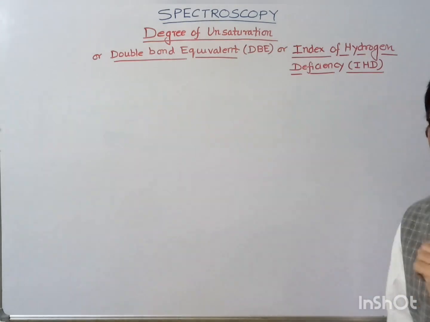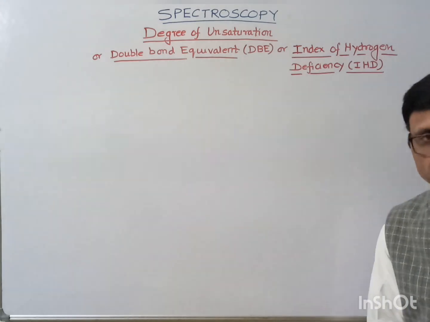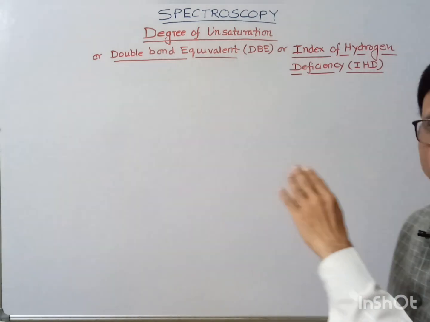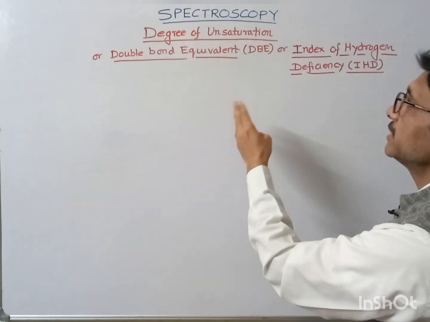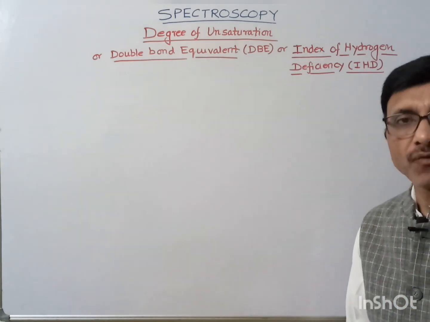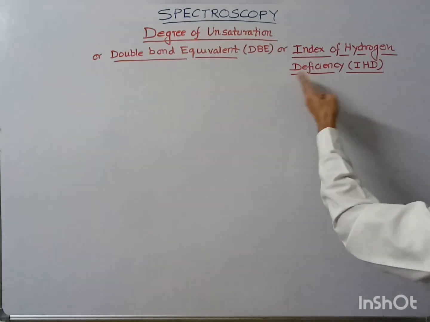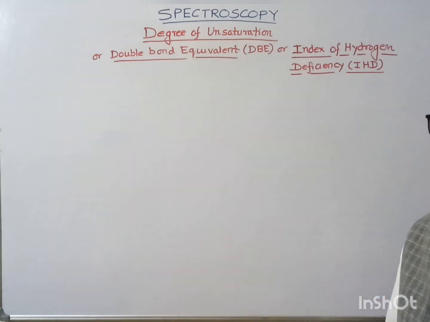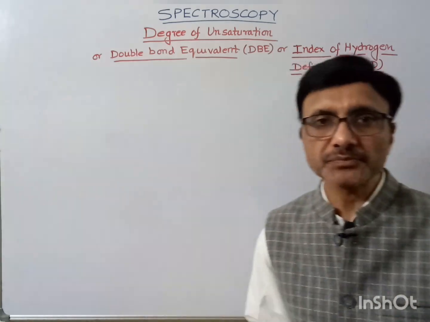It is also called the degree of unsaturation. In this lecture we will learn how we can determine the degree of unsaturation, what its formula is, why it is called the index of hydrogen deficiency, and we will see some more about this formula.